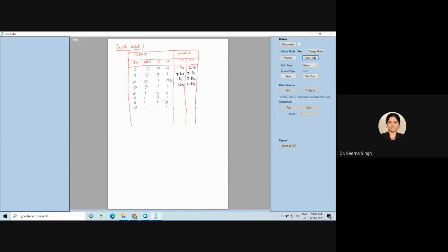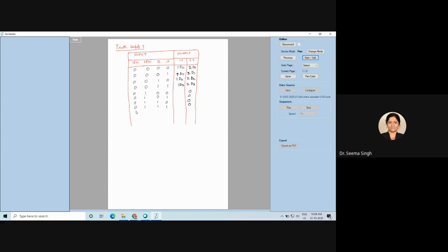Now what will happen for these next 4 cases? The first enable will be 0 and the second enable is 1. So A, B will be don't cares for the second mux. We are giving A, B as 00, 01 and so on. This A, B will be working for the first mux, but it will behave as don't care for the second mux. So the second mux output will become 0000 because your enable is high for that.